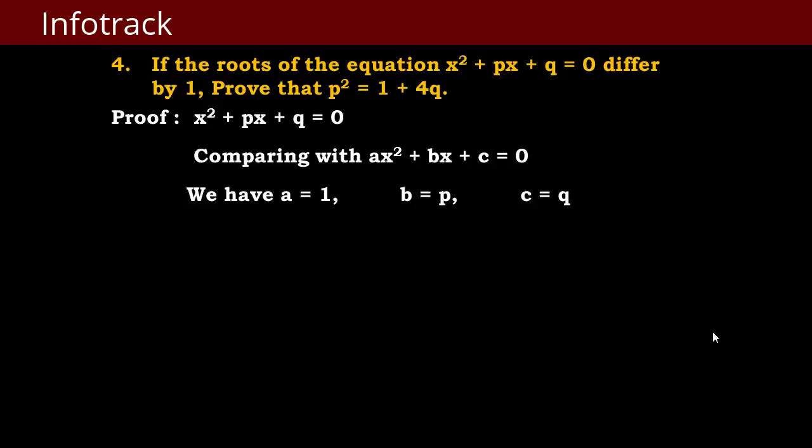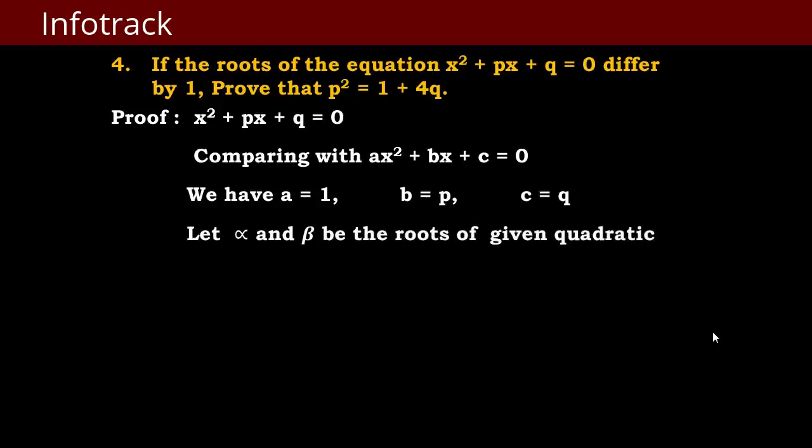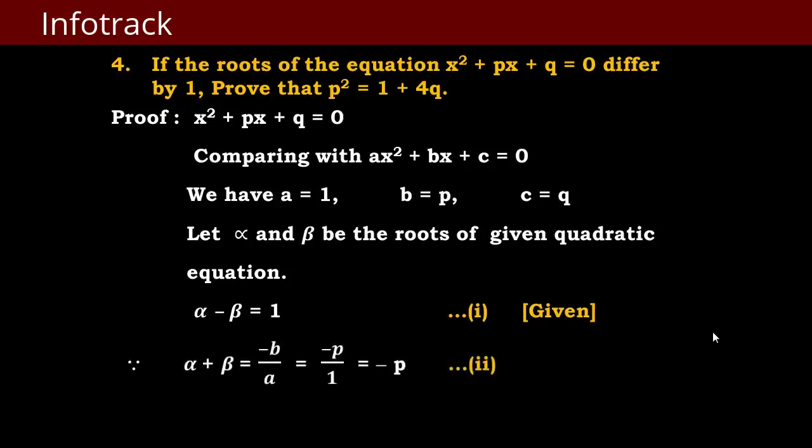Now we know, let alpha and beta be the roots of the given quadratic equation. And see, it is given their difference, that means alpha minus beta is equal to 1. It is given. Now student, we know the formula. Alpha plus beta is equal to minus b upon a, that is minus p upon 1 is equal to minus p, statement number 2.